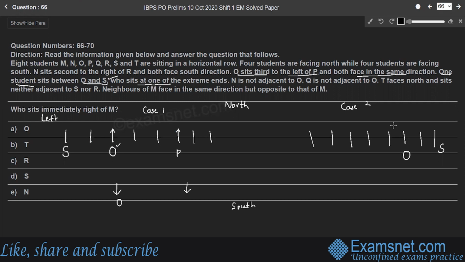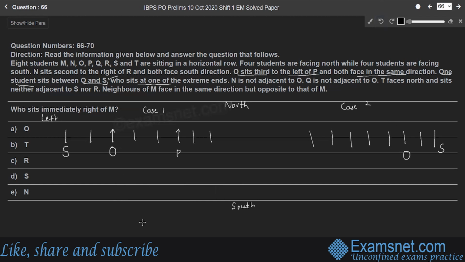P also has to face the south direction. To the left of P means this side, right side. Right? So the original right side. So this cannot happen, right? Because O is sitting this side, left side. Therefore, O and P cannot face the south direction, right? So we have to avoid this part where O is facing south.